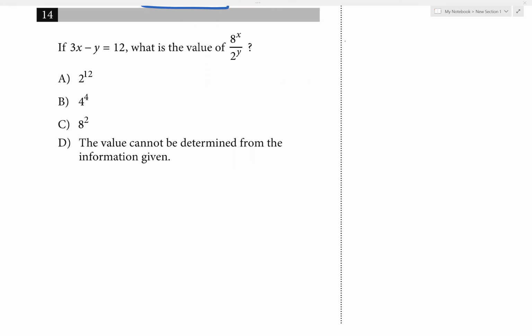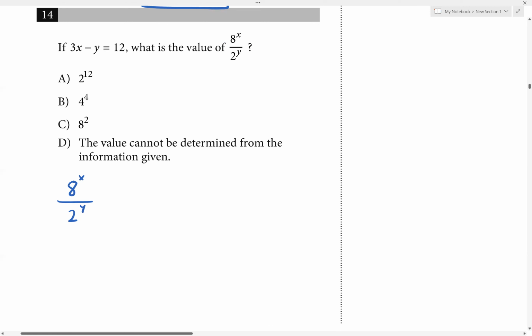They give us the equation 3x minus y equals 12, but what does that have to do with this? It's hard to make a connection. We're trying to figure out what 8 to the x over 2 to the y is.